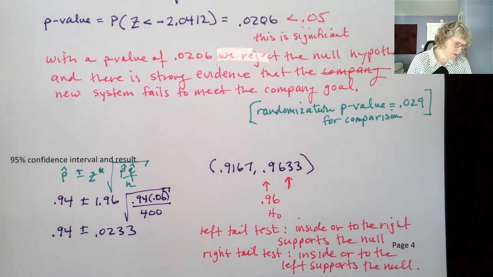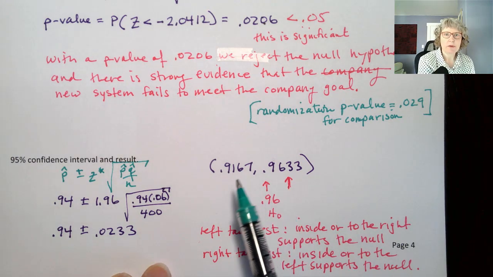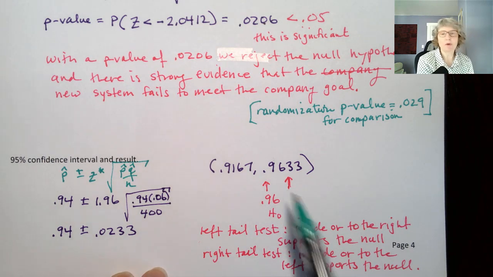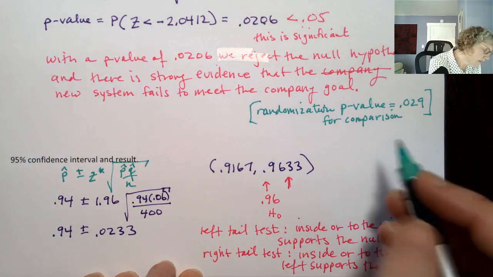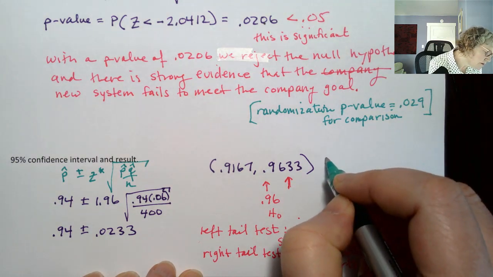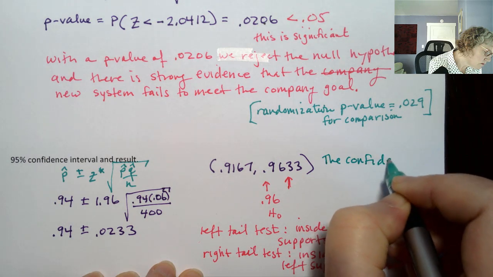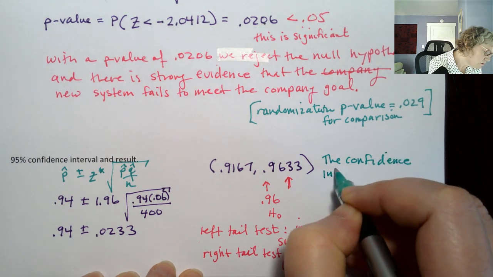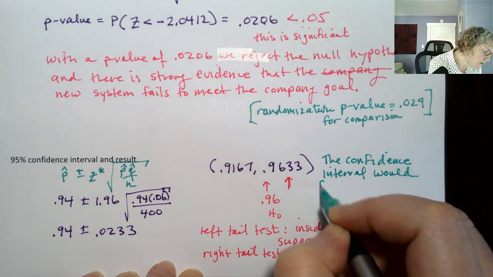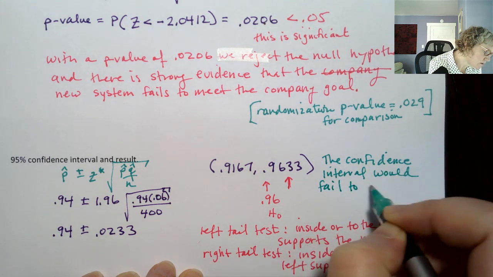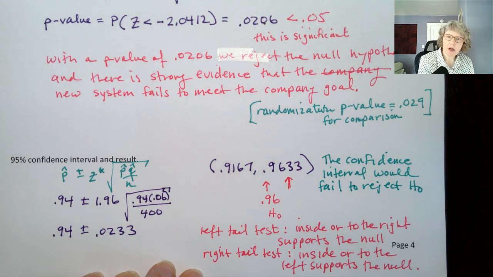So let's write our conclusion on this one. If we were only looking at the confidence interval, we would actually fail to reject. So they don't agree in this case. The confidence interval would fail to reject the null, H naught.